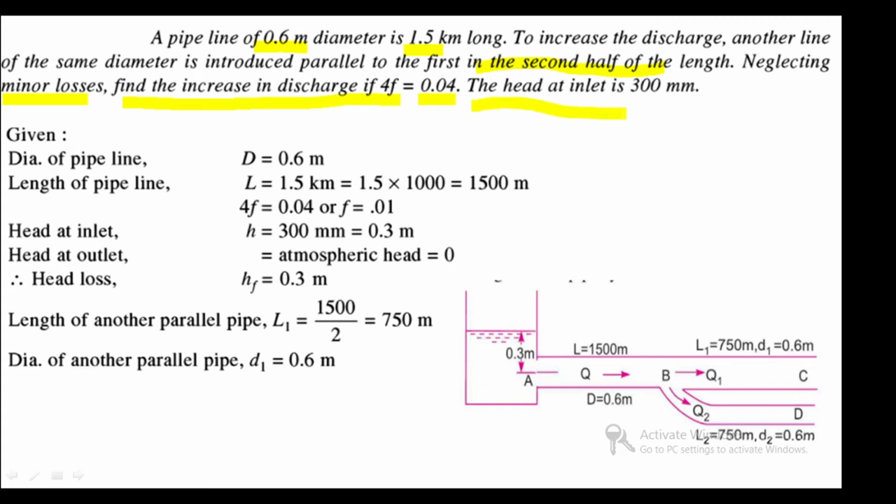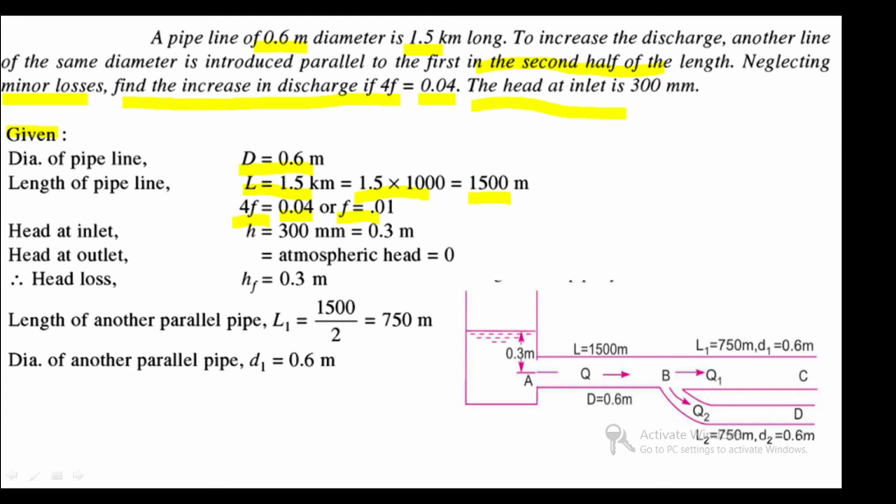So you have to write the given data first. Diameter of the pipeline D equals 0.6 meter, length of the pipe L equals 1.5 kilometer, converted into meter, 1.5 into 1000, so the value is 1500 meter. The 4F value is given as 0.04, so F equals 0.01.